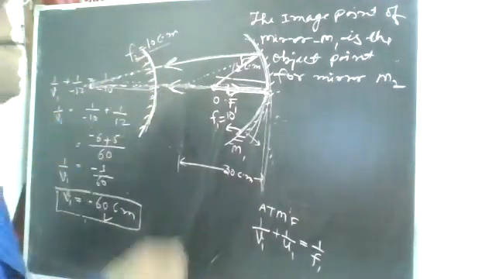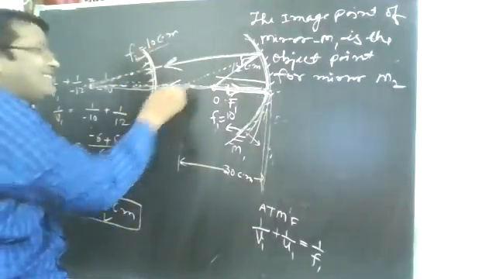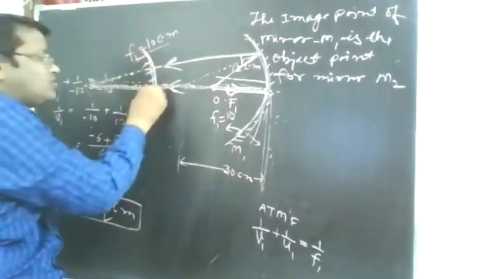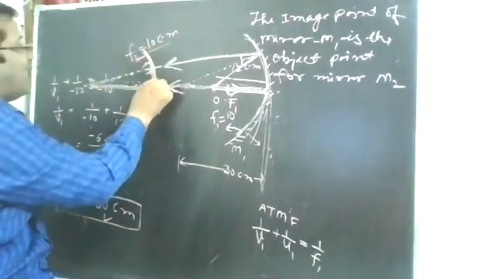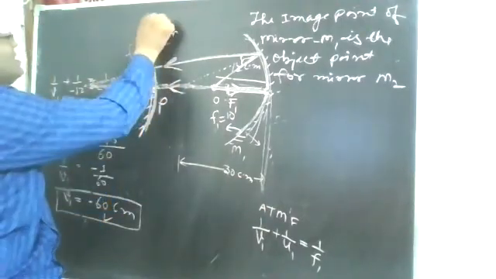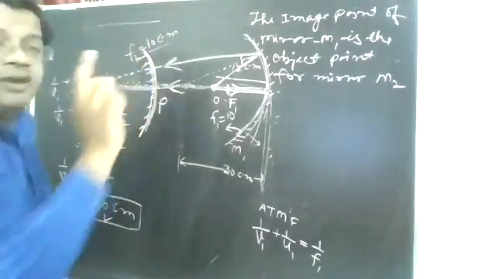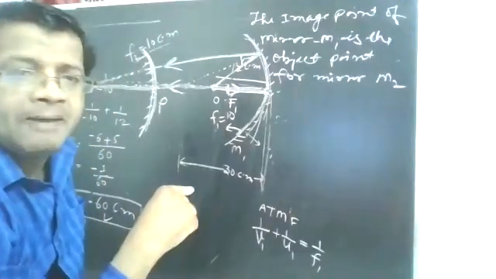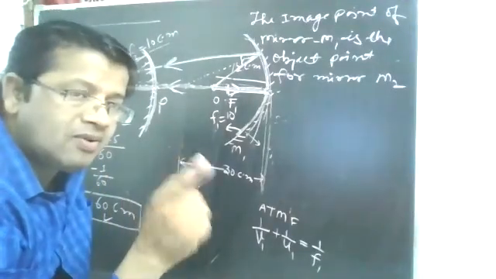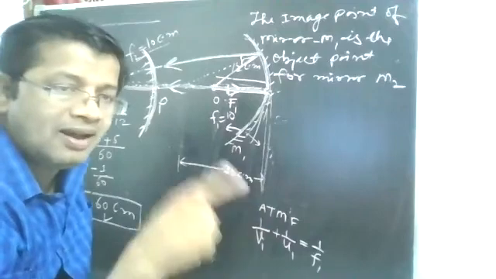And what is the object distance? Now for this mirror, this is the incident ray. This is the pole, and the positive direction is along this. For an individual mirror, the sign convention will be unique.